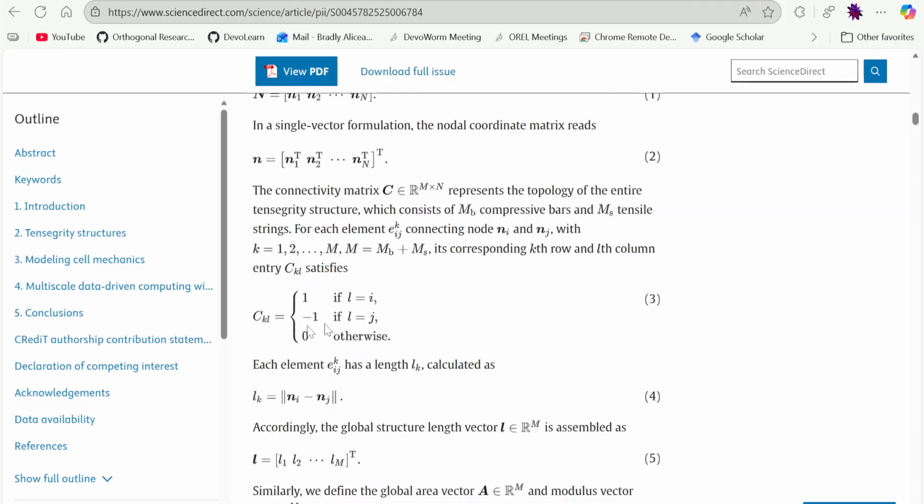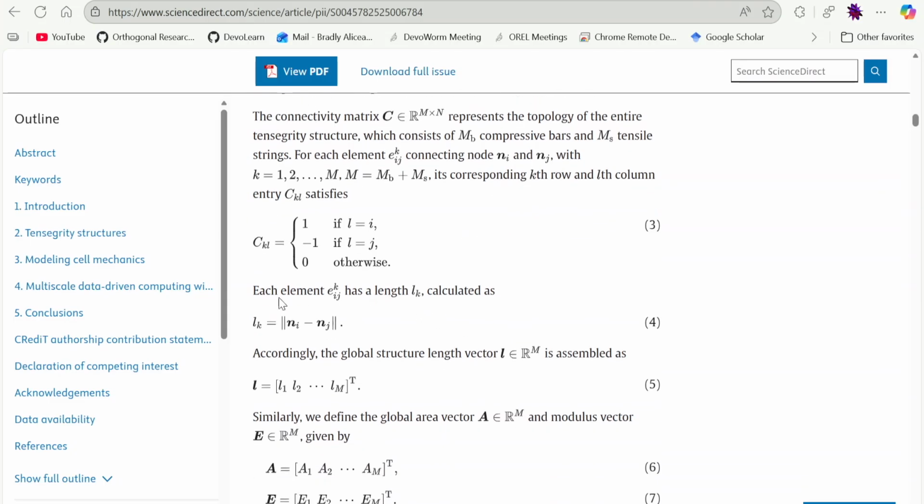So basically you're classifying something where the l value is either i or j, otherwise it's 0. So this gives us a way of classifying these different conditions. And then each element has a length, which is here.